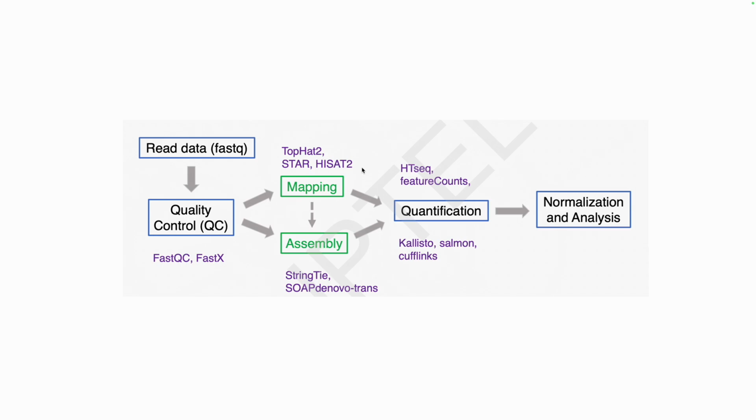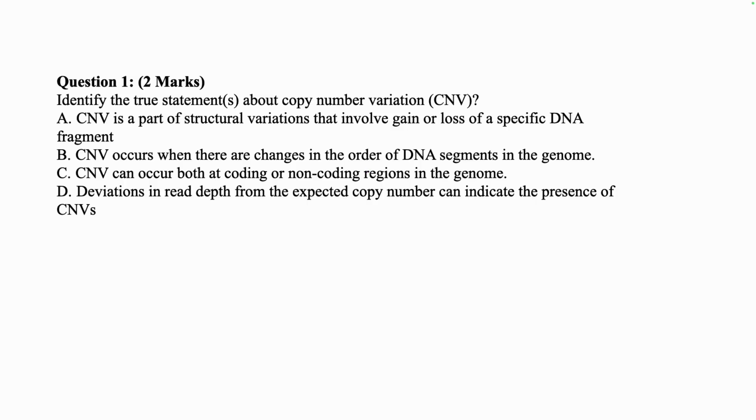By this, our session will be more interactive. So we'll start with question number one. It states: identify the true statements about copy number variation, CNVs. Please go through this question and try to answer it.